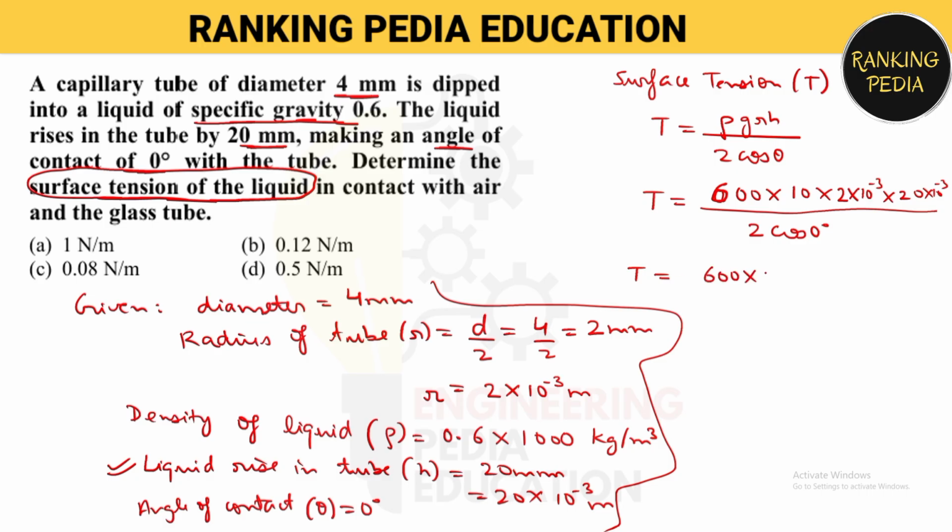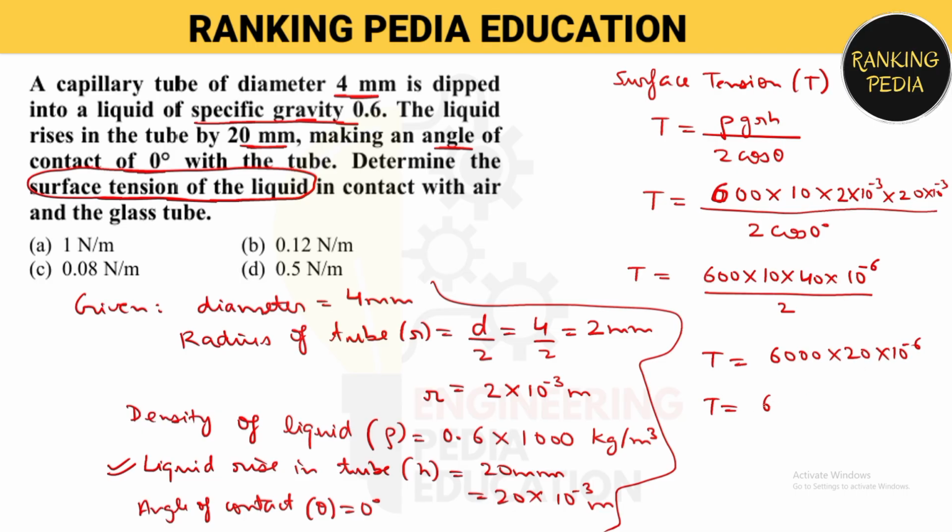T is equal to 60 into 10 into 40 into 10 raised to the power minus 6 by cos 0. T is equal to 6000 into 20 into 10 raised to the power minus 6.